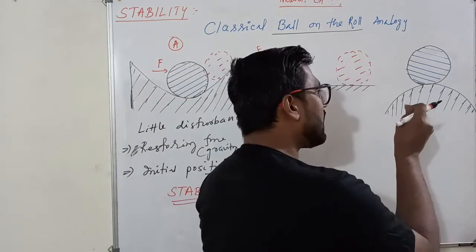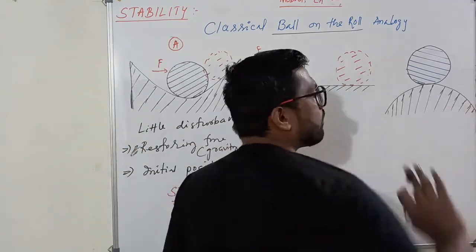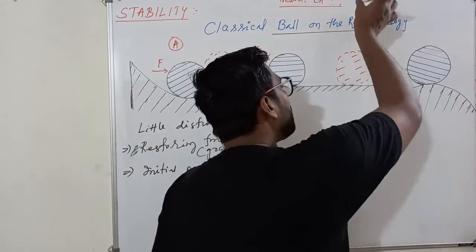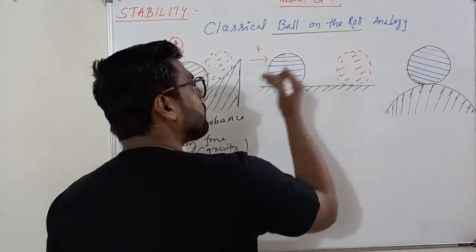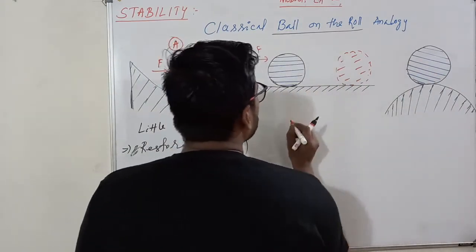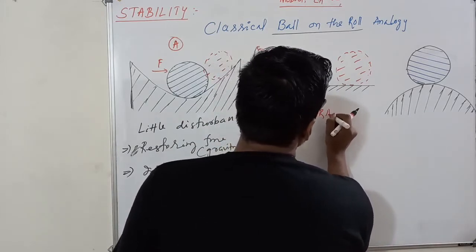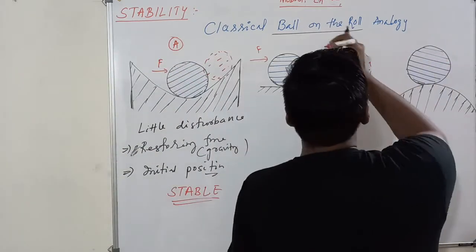This ball neither has a tendency to come back to the original position, nor will it run away. So it will now be stable in this position. Neither is it going to come back to the original position, nor will it move away. That's why we call it neutral position.